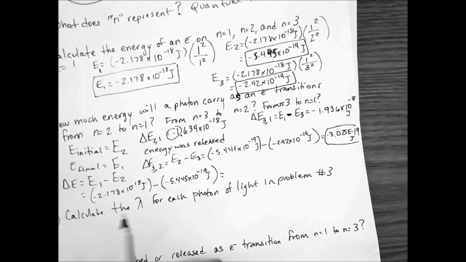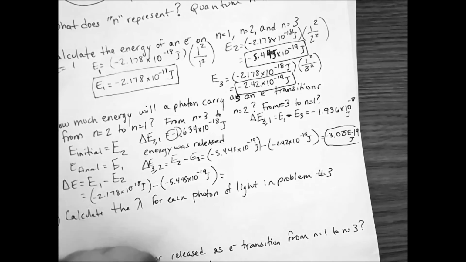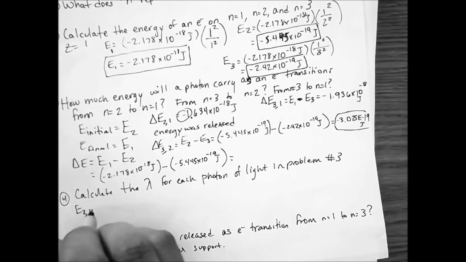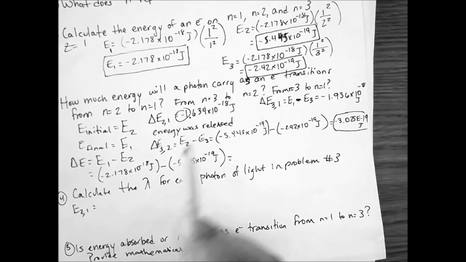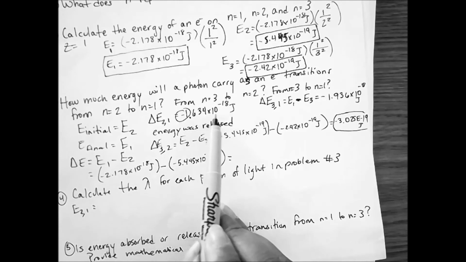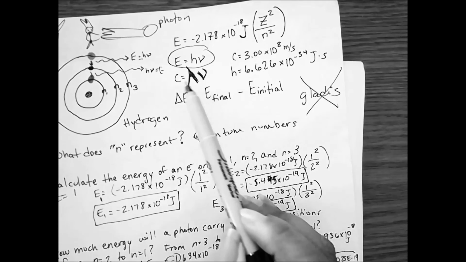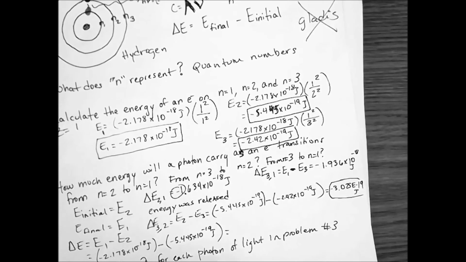Let's look at the first transition. For the E going from the second ring to the first ring, we already calculated that was negative 1.634 times 10 to the minus 18th power. So I can plug that in to this equation here. We're going to do it this way to make this a little faster.